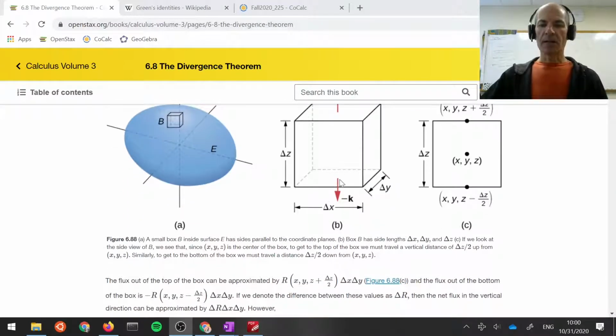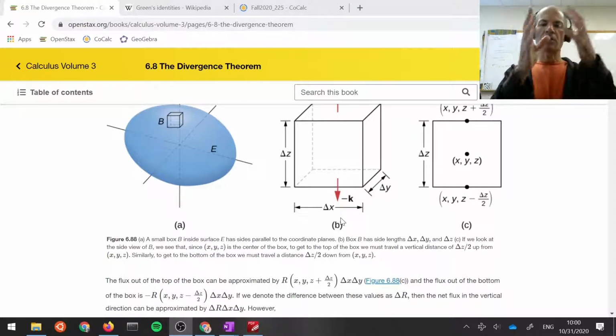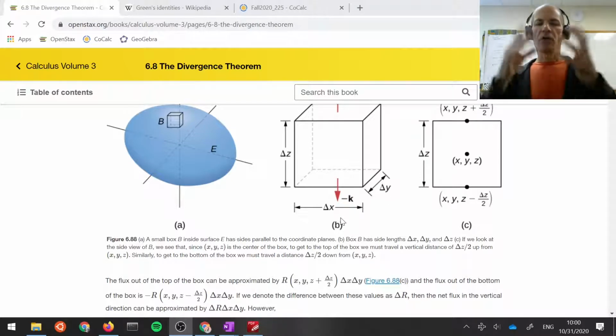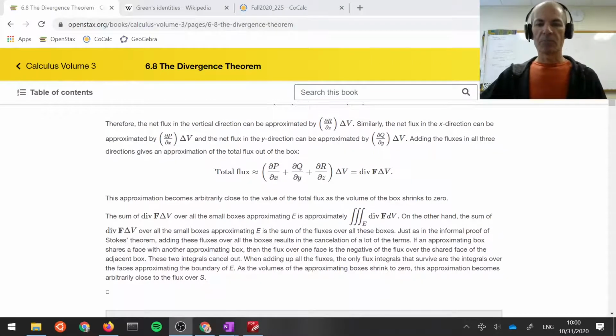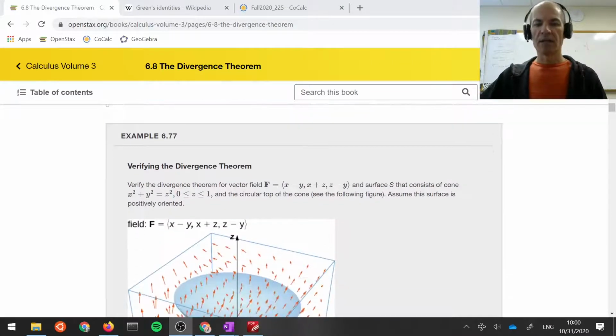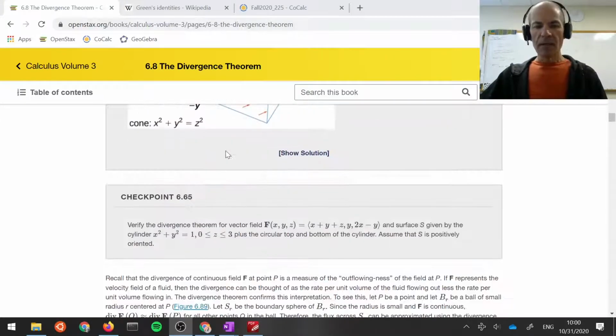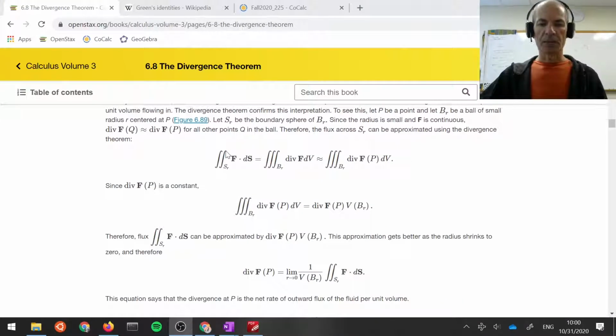The stuff that's coming out of the bottom of this box exactly cancels with the stuff that's coming out of the top of the box immediately below. You chop up the volume in this way, you get overwhelming cancellation inside, and what's left is the flux across the boundary. This proof goes through that process. And I'll leave that to you to explore.